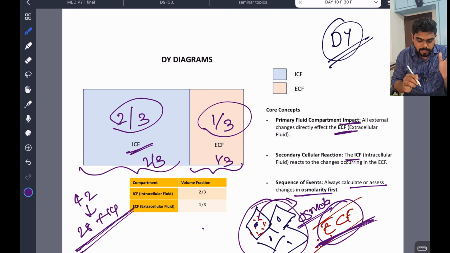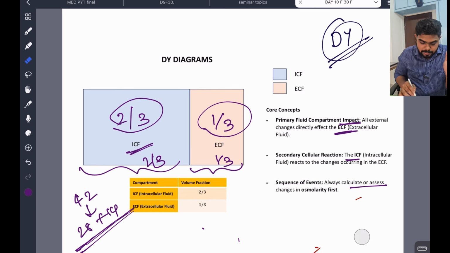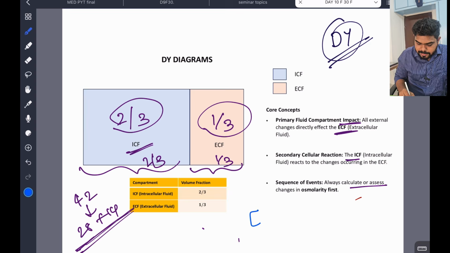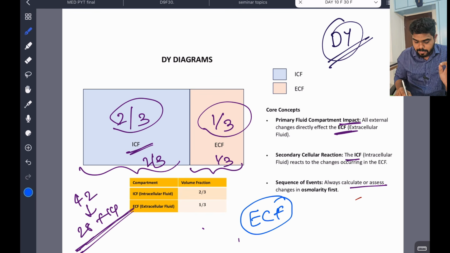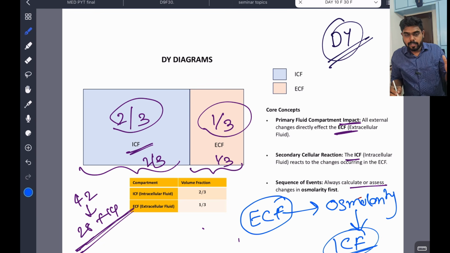Just understand what I explained, then it is easy. First there is a change in the ECF. According to the ECF, the osmolarity changes, and this osmolarity change leads to an ICF change. The sequence of events occurs in this order.